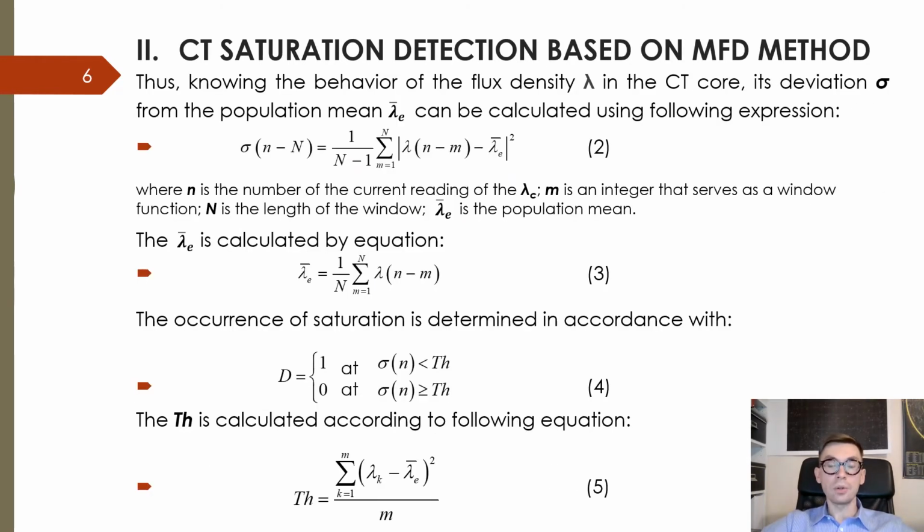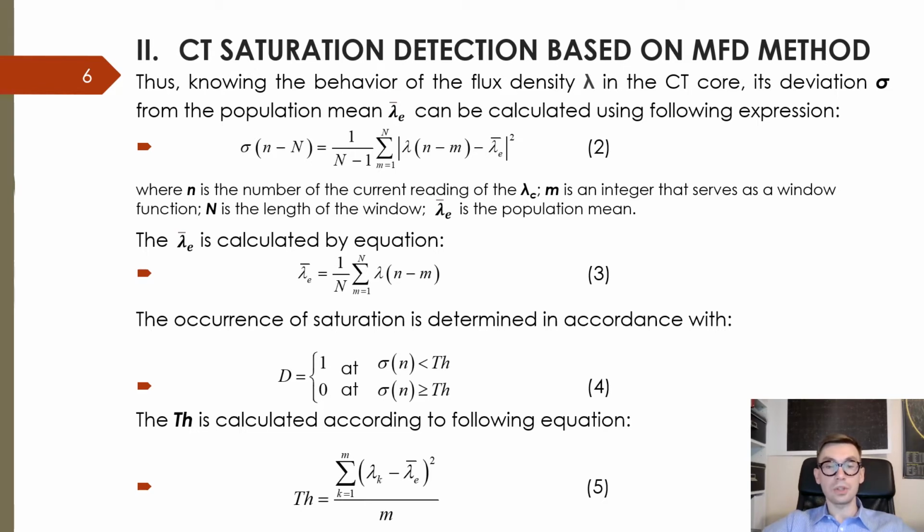The mathematical content of the algorithm and the proposed method is presented on the slide. Generally, the occurrence of saturation is determined in accordance with the trigger value. This trigger compares the variance of the flux density with the threshold, and the threshold is calculated according to the least square method of the flux density and some other parameters represented by the formulas.